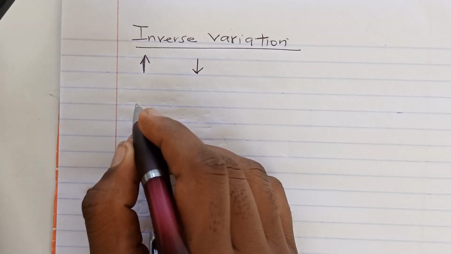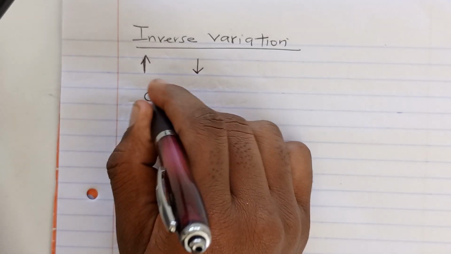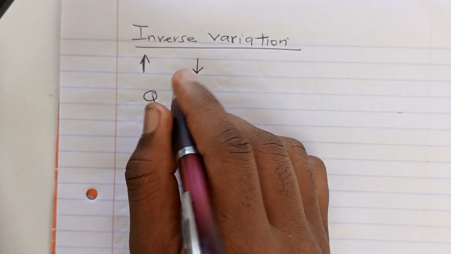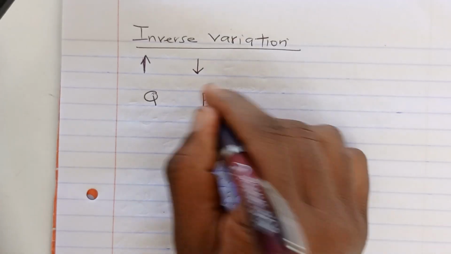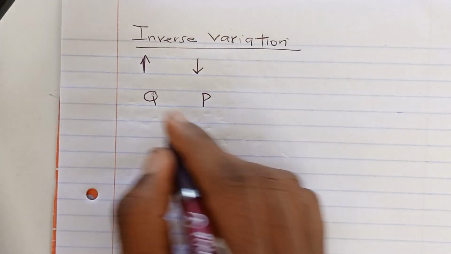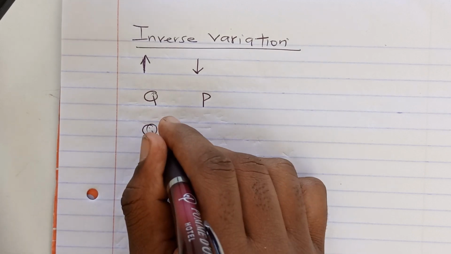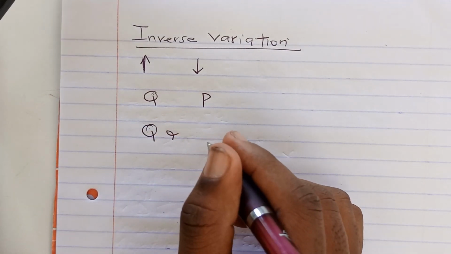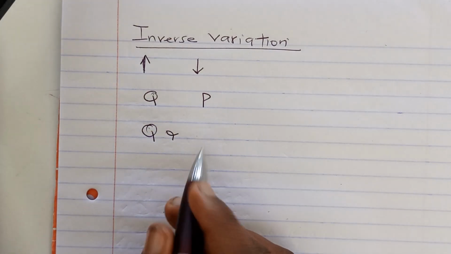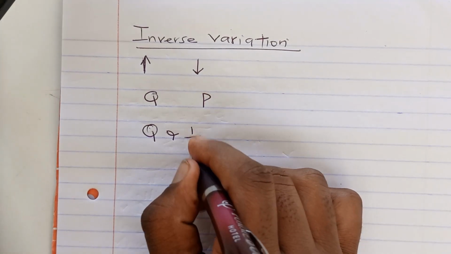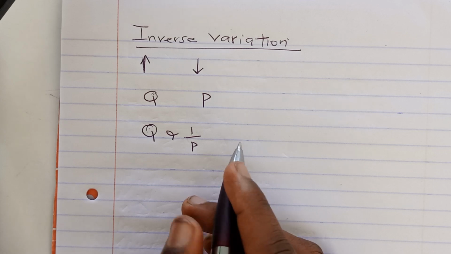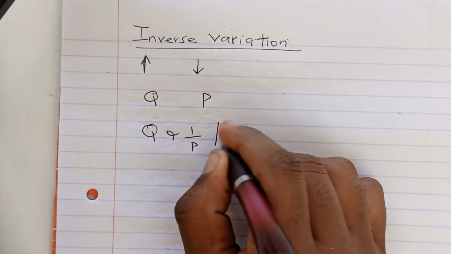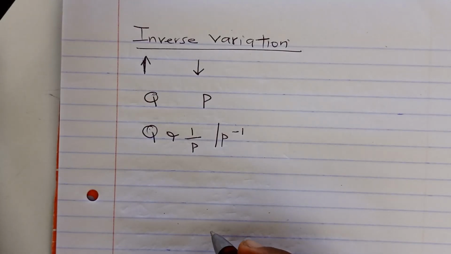So for example, you could be told that a variable q varies inversely as a variable p. This means q, and we have to include that sign of proportionality, varies inversely as p. The inverse of a number is 1 over that number, or can be written as p raised to -1.